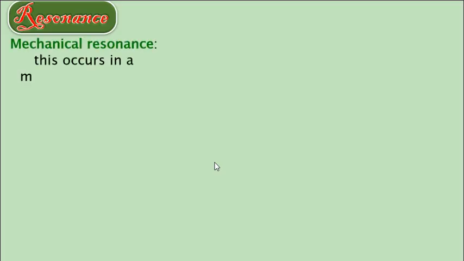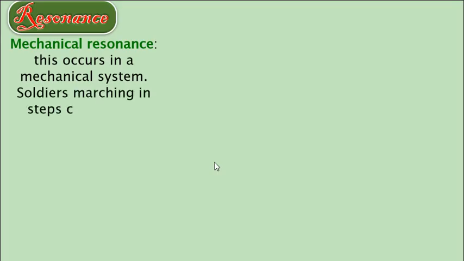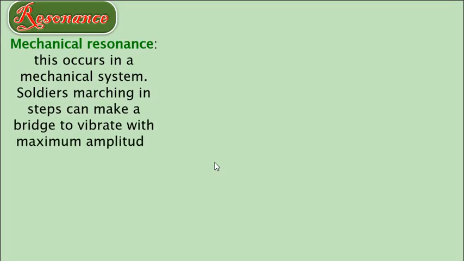Then number two, we're going to be looking at mechanical resonance. This occurs when a mechanical system is caused to vibrate at its natural frequency. For example, when soldiers are marching in step, left, right, because of that marching in step, they can force the bridge to vibrate at its natural frequency.